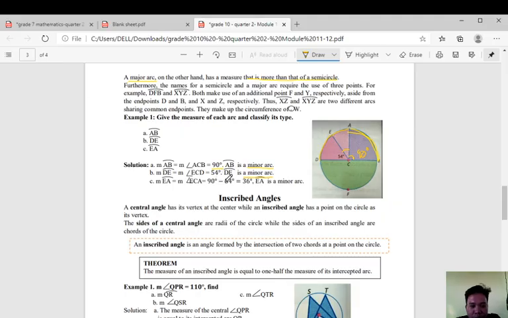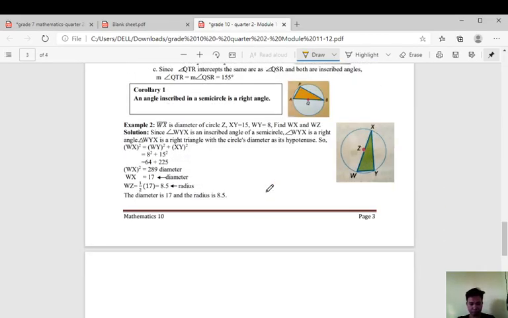So 90 degrees minus 54 degrees, that would be 36 degrees. So the central angle ECA is 36 degrees, therefore arc EA is equal to 36 degrees. Since it is also less than a semicircle, then it is a minor arc.